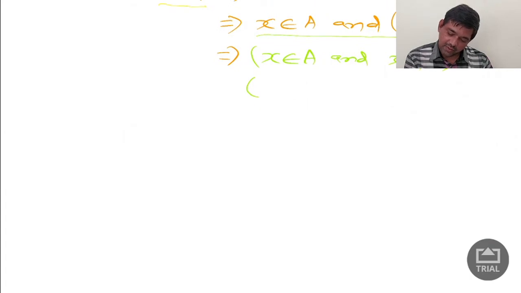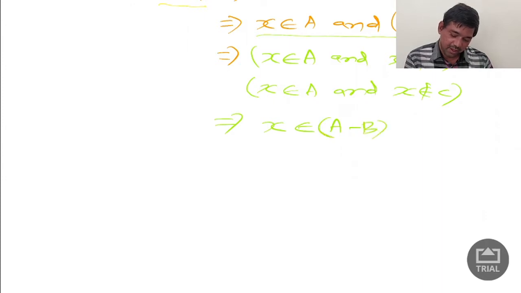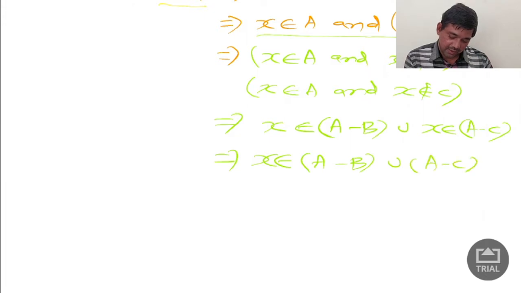That one and the first one I am writing like this: x belongs to a and x does not belong to c. So this implies x belongs to a and x does not belong to b, which is x belongs to a minus b. Or means union. x belongs to, next one, a minus c. So put brackets like this. From these two, there are two times x belongs to, so you can write it only one time. So x belongs to (a minus b) union (a minus c).